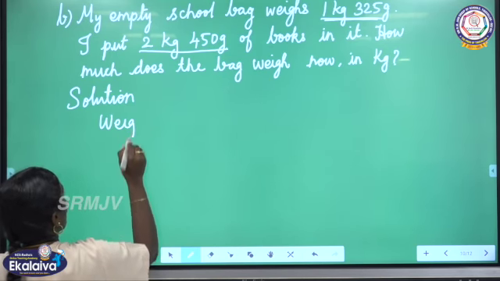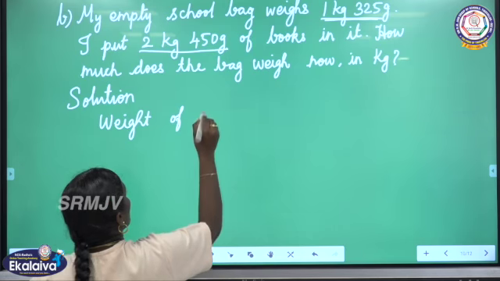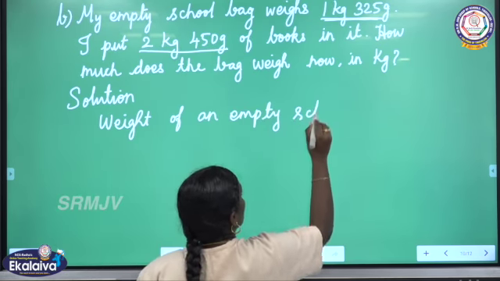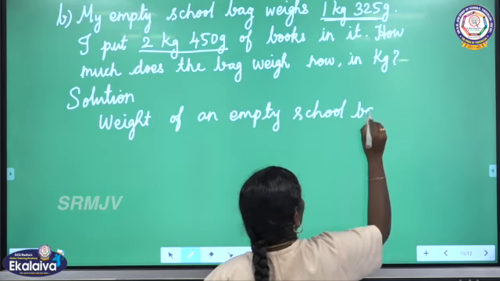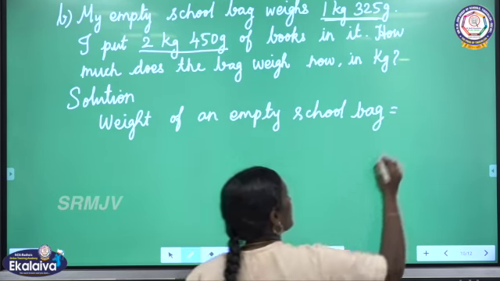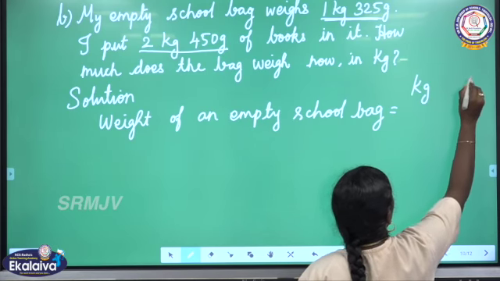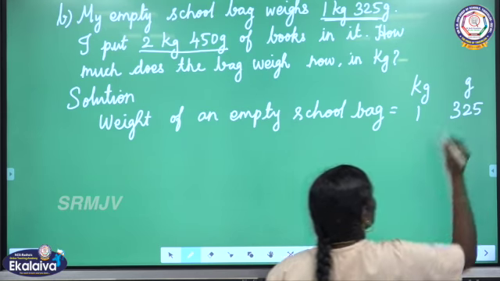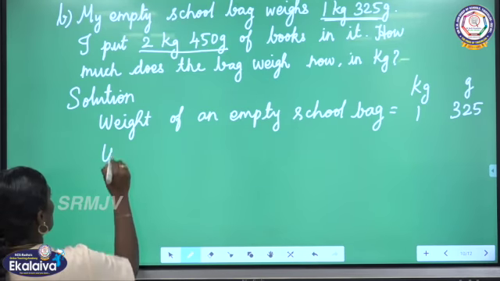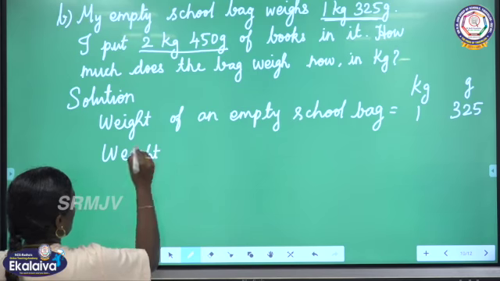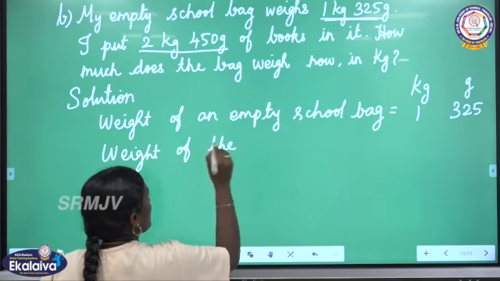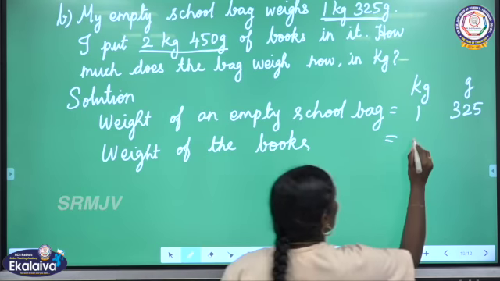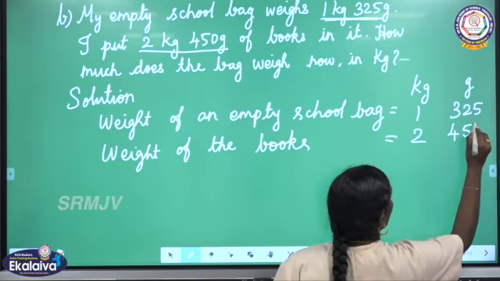Weight of an empty school bag. Here weight is in kilogram and gram, so I am going to arrange as kilogram and gram. That is 1 kilogram and 325 gram. Then weight of the books, that is 2 kilogram and 450 gram.